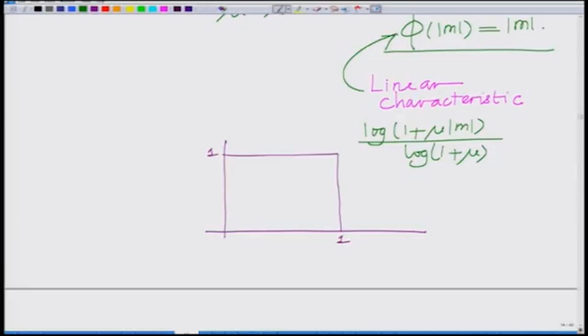What you will observe is that for mu equal to 0, it is a straight line. This is the direction of increasing mu.